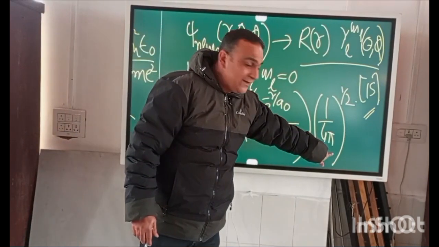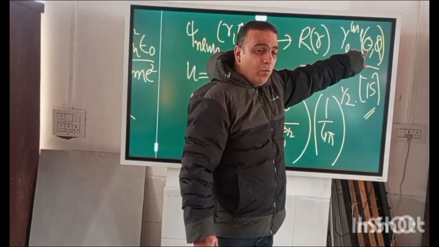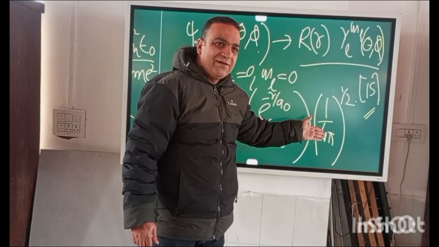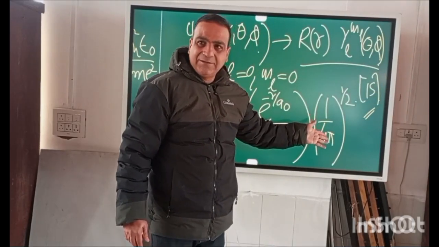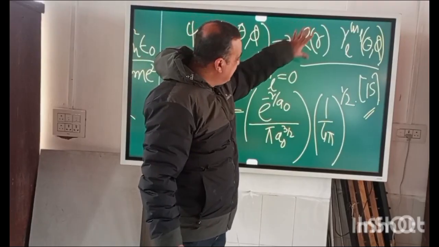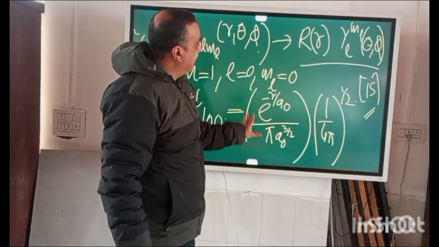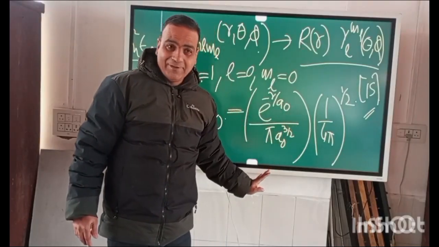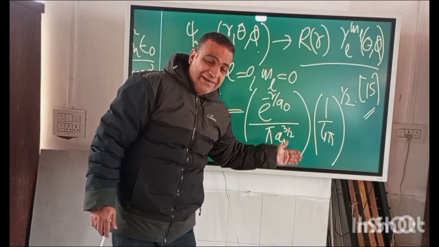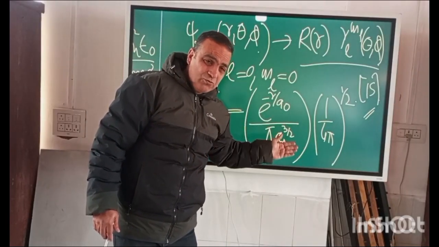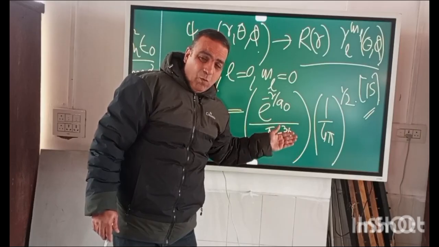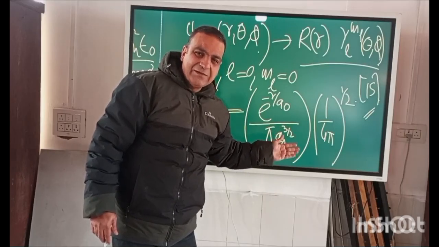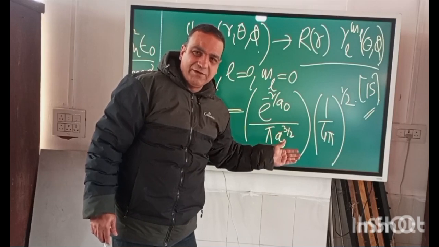This bracketed part is the result of Y, l, ml, theta, and phi. And what is it? It's a number, it's a constant. And this bracketed thing is coming out of R. It's a function. What does this tell me? It tells me that when you talk about the 1s orbital of hydrogen atom, it is spherically symmetric.